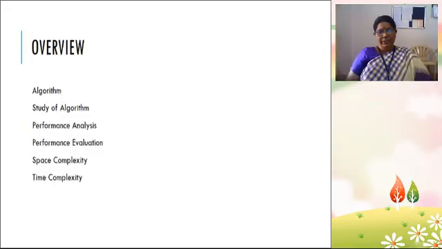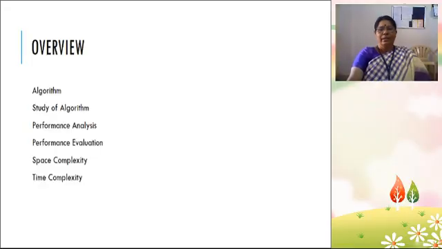This word has taken special significance in computer science because algorithms form the backbone of all computational procedures. Whether it is implemented in C or C++ or Python, algorithm is the first step written to solve any problem.